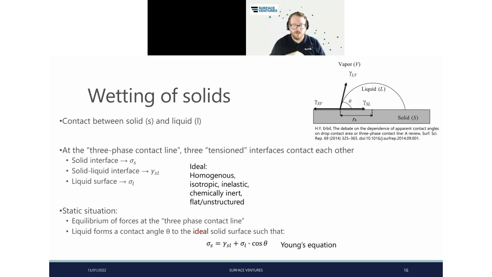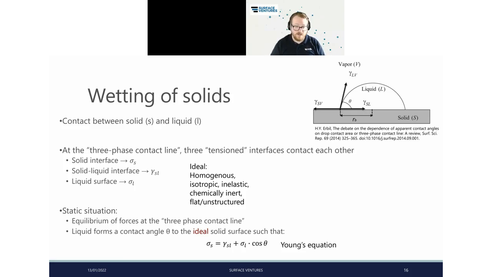And now we come on to wetting of solids. So liquid phase in contact with a solid phase surrounded by vapor. So we model this in terms of what's called the three-phase contact line. So three tension surfaces in contact with each other. We have the solid interface, sigma S, our solid-liquid interface, we're using that gamma term there, subscript SL, and then the liquid surface sigma L. And we do this in terms of an ideal surface.